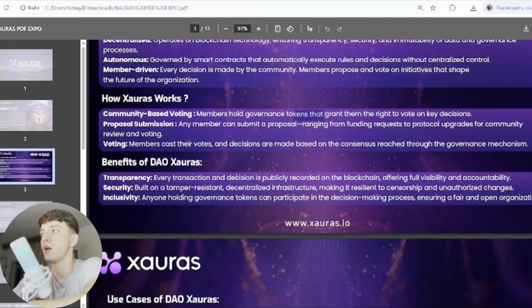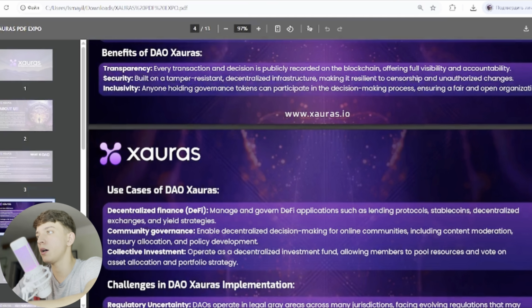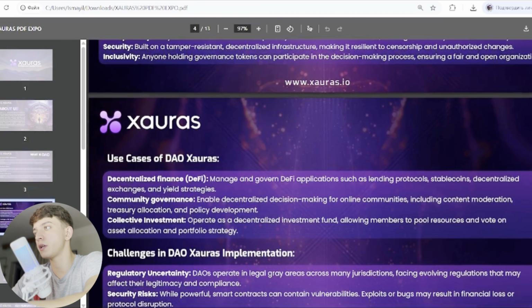The benefits of the DAO are transparency, where every transaction and decision is publicly recorded on the blockchain, offering full visibility and accountability, and security, built on a tamper-resistant, decentralized infrastructure, making it resilient to censorship and unauthorized changes.